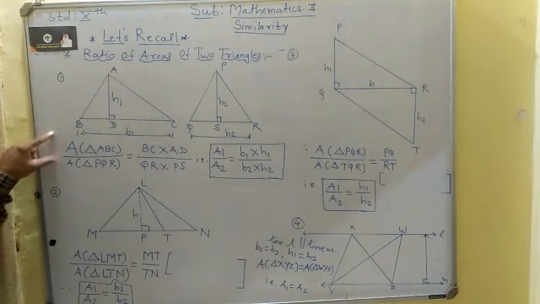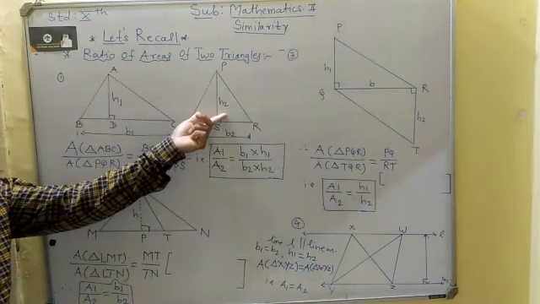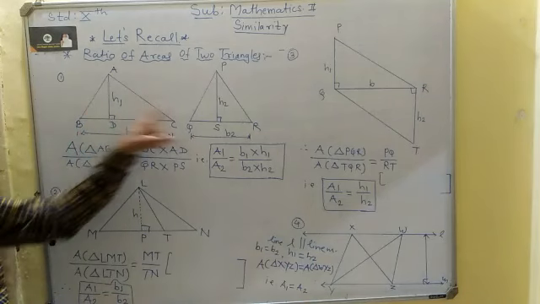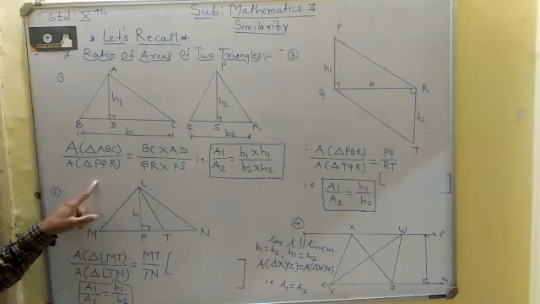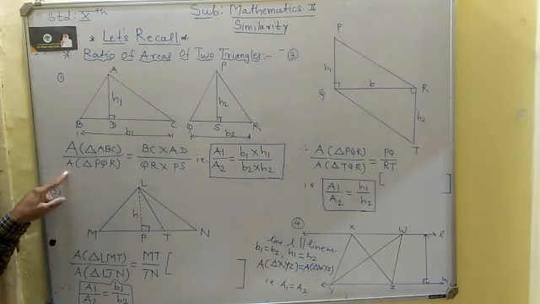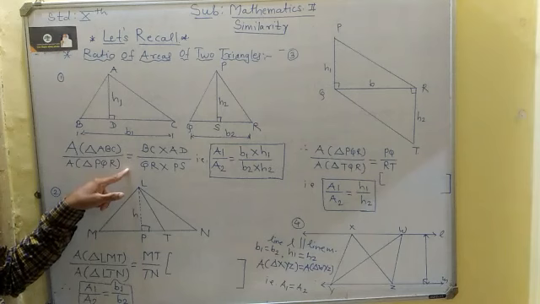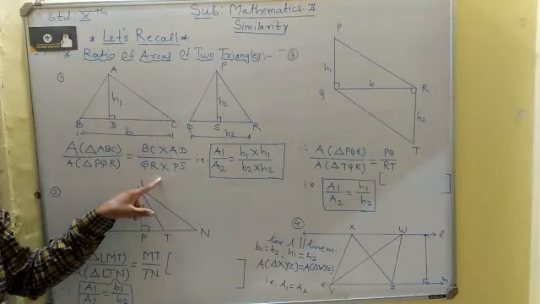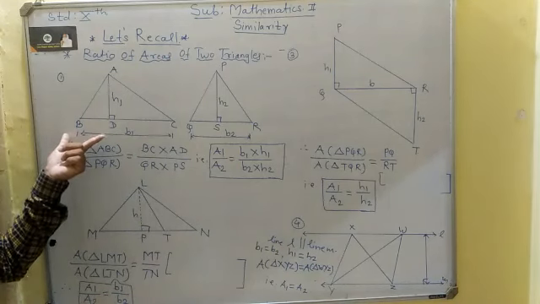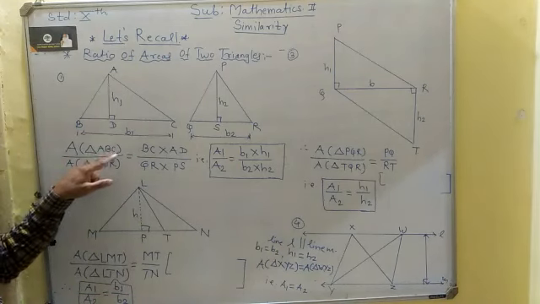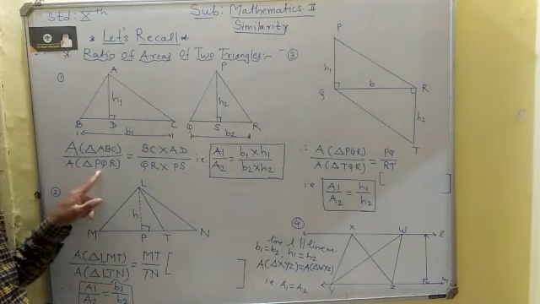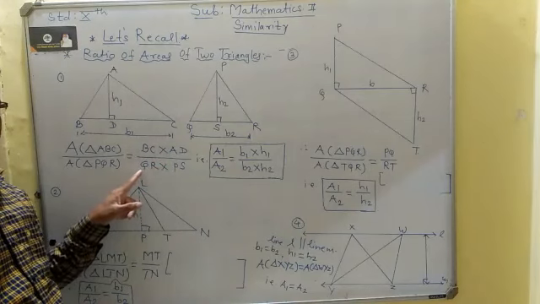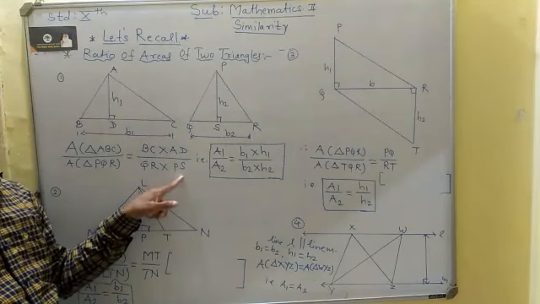We know the ratio of areas of two triangles having different bases and different heights. We write here: the ratio of areas of two triangles is equal to the ratio of the product of their corresponding bases and heights. In that figure, area of triangle ABC upon area of triangle PQR is equal to BC into AD upon QR into PS.